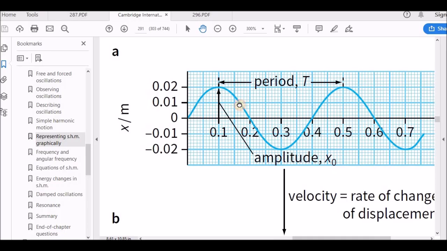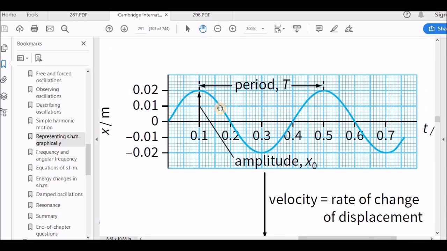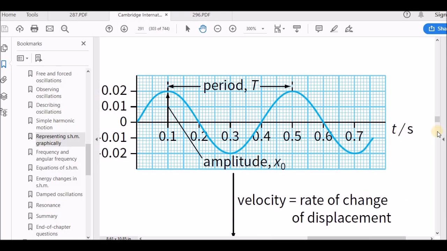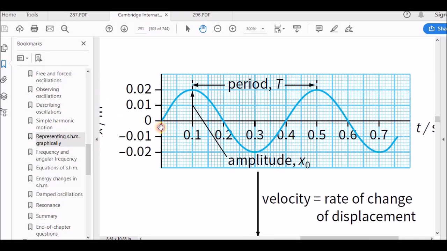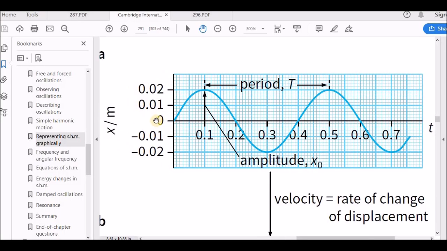And one more thing is, we have taken to the right of the equilibrium position as positive, and we have started timing when it passed the equilibrium position and is moving to the right. So when it was at the equilibrium position, we started the timing. You can see the time starts at 0 when the displacement is 0. Displacement is 0 at the equilibrium position. And you can see the displacement is increasing with time.